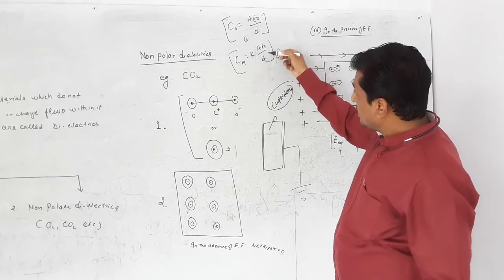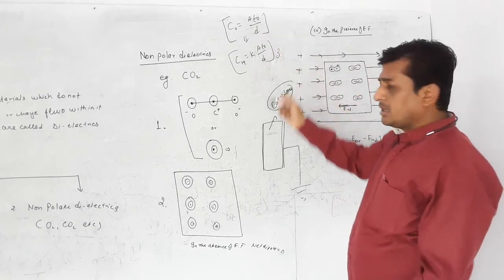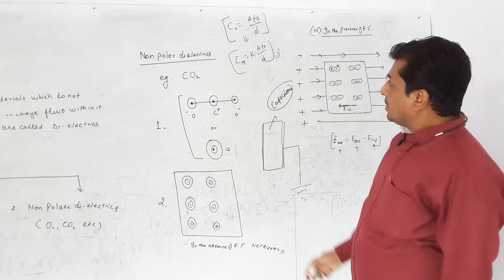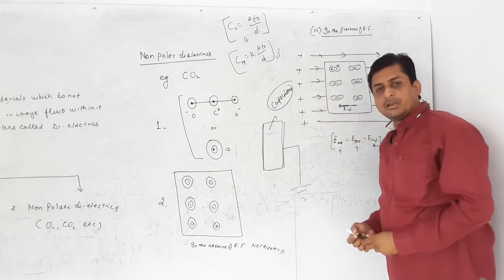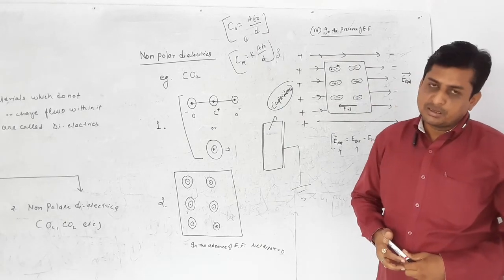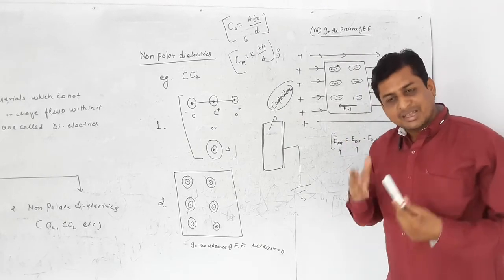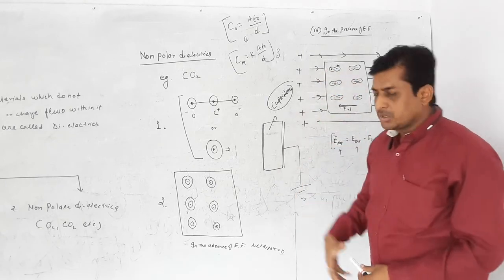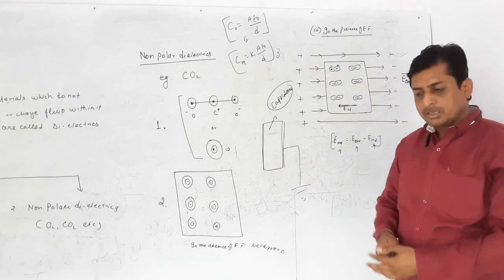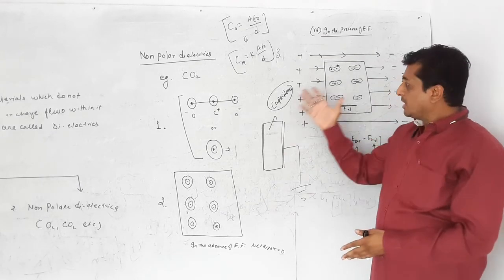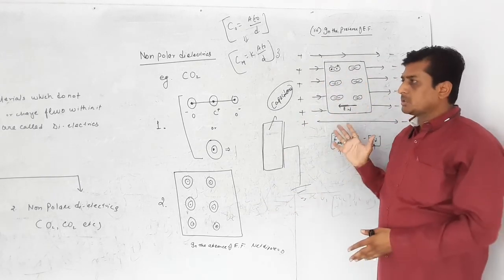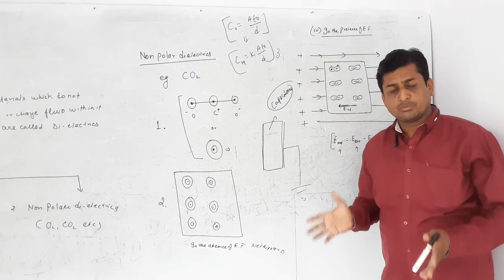Here D and A epsilon naught are both present. So by comparing these two, you can understand how the capacitance will increase. In my next lecture, I will tell you, with the help of a derivation, how the capacitance increases by introducing this dielectric. Till then, try to understand all these concepts of dielectrics, polar and non-polar molecules.